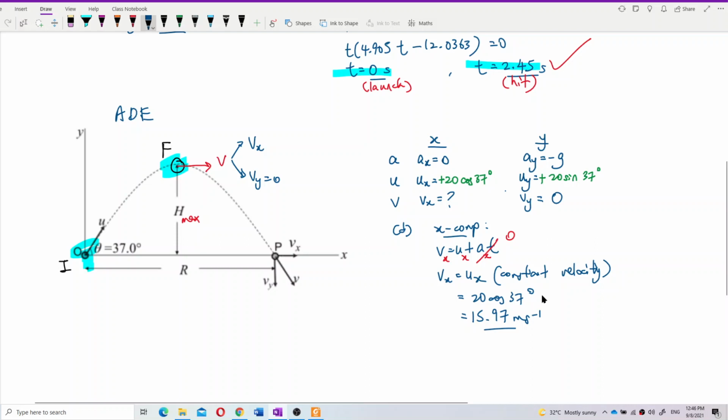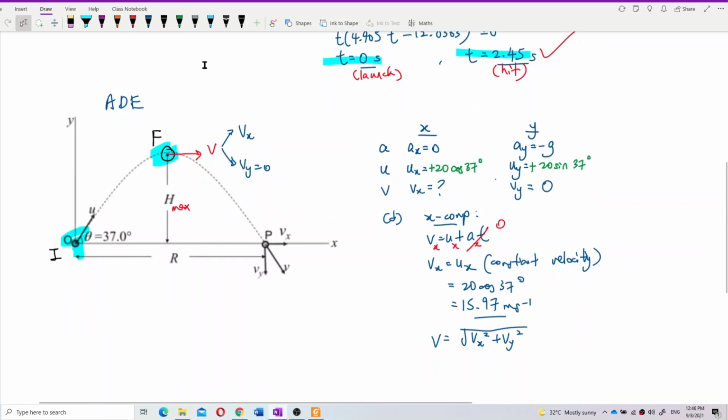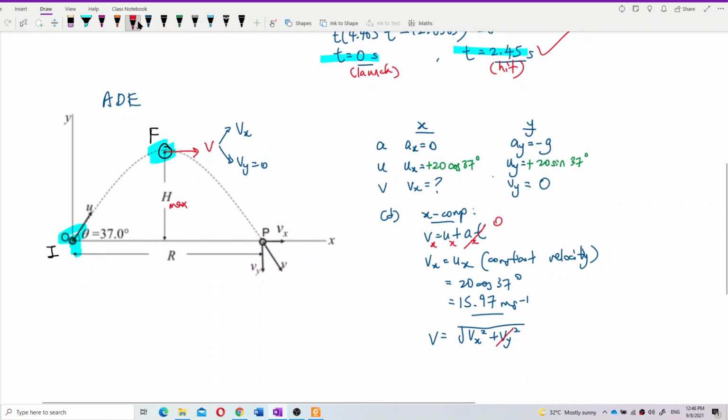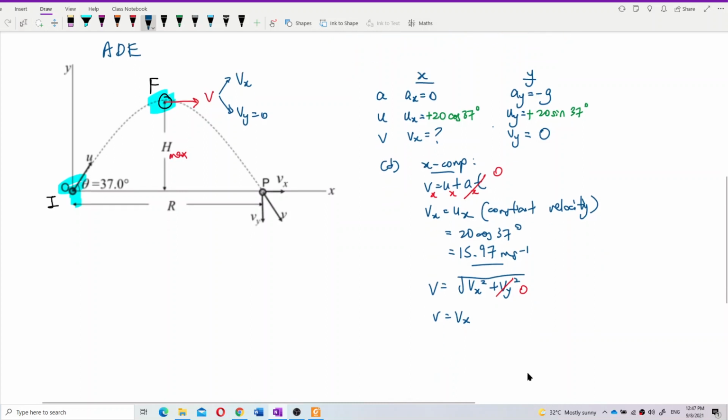The final velocity at this point is just from the Pythagoras theorem, the square root of Vx squared plus Vy squared. But Vy is 0, so V is equal to Vx, which is also 15.97 meters per second.